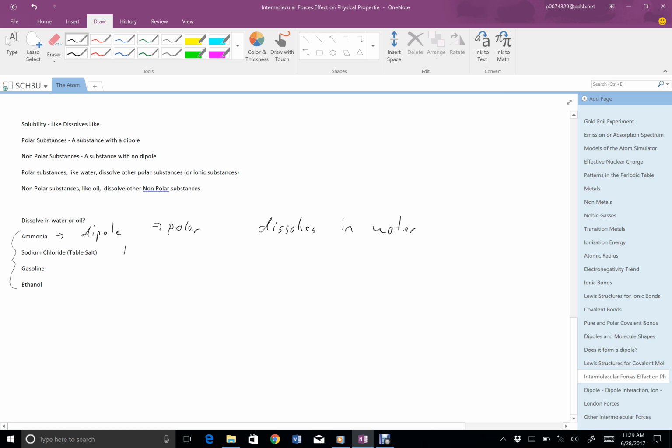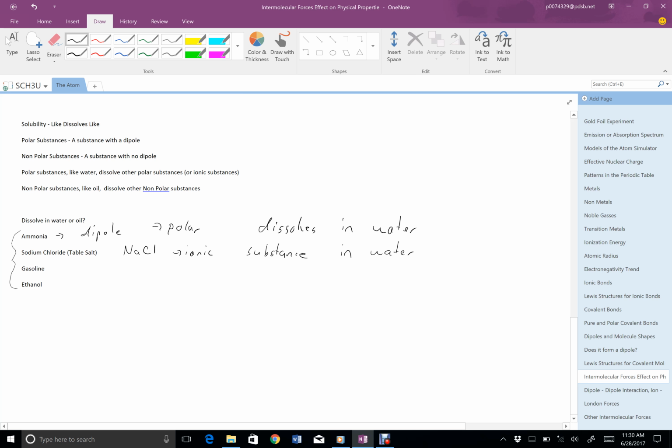Sodium chloride, NaCl, or table salt, is an ionic substance. And so it would dissolve in something that's polar or something that's sort of charged like it. So that would also dissolve in water.